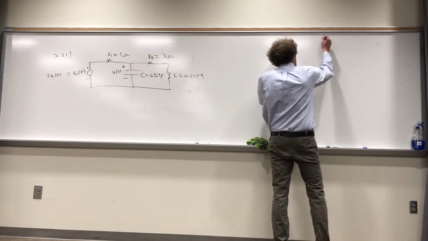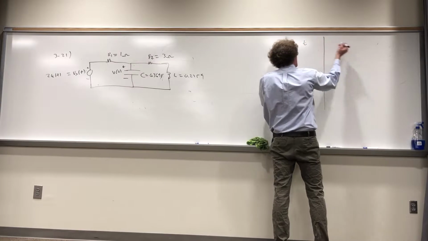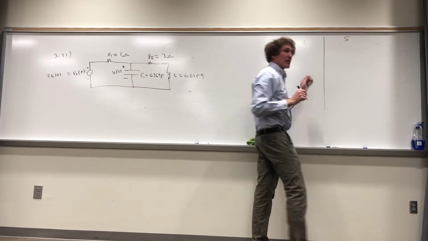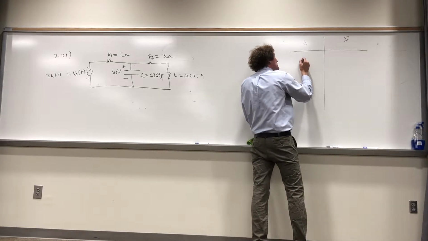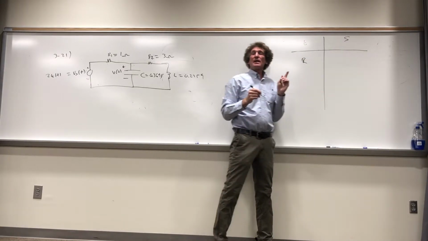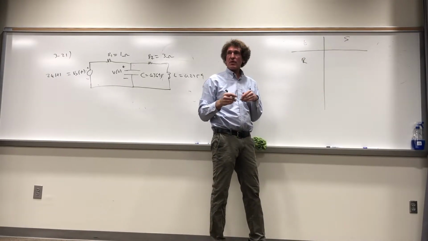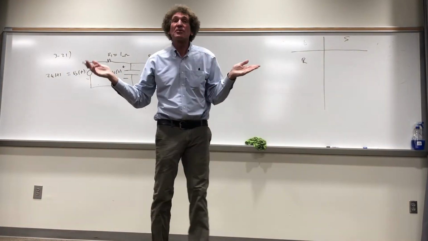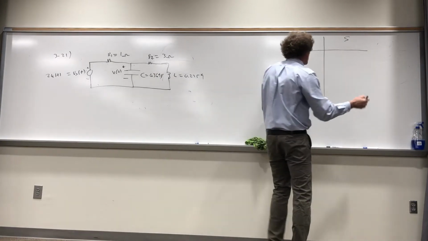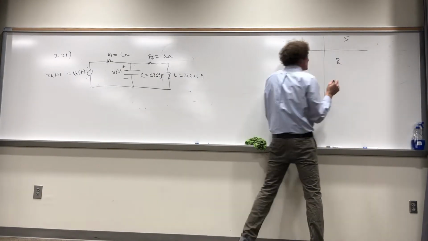Put this down. Put time domain or t, and then put S domain here. Now, in circuits, if you have a resistance R, in the S domain, that we call the Laplace domain, when you take a Laplace transform of the differential equation, it'll look like R. It's just R. These are the impedances.